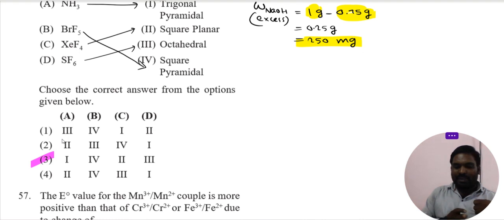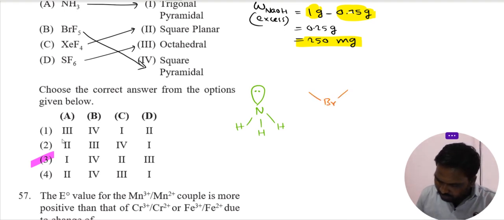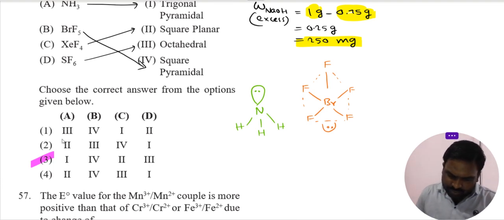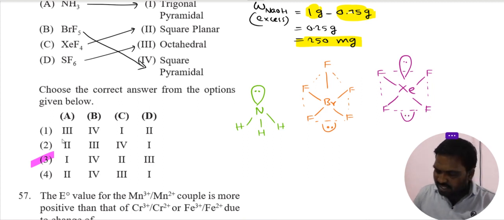So ammonia, trigonal pyramidal; BrF5, square pyramidal; XeF4, square planar; and SF6, octahedral.